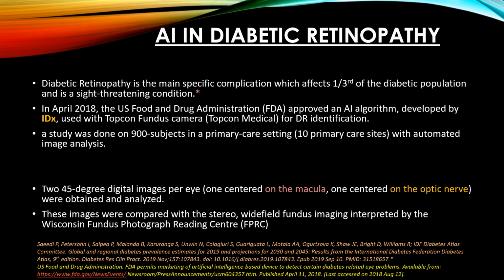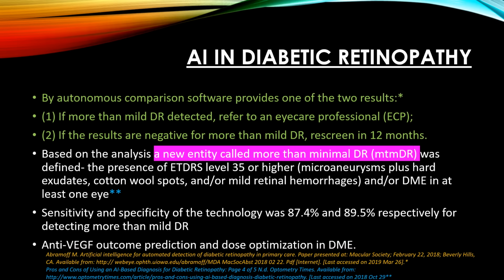A study was done on 900 subjects in a primary care setting with automated image analysis. 45-degree digital images per eye, one centered on the macula and one centered on the optic nerve, were obtained and analyzed. And these images were compared with the stereo wide field fundus imaging interpreted by the Wisconsin Fundus Photograph Reading Center. So let's see how it helps us to classify patients who are having diabetic retinopathy or not.